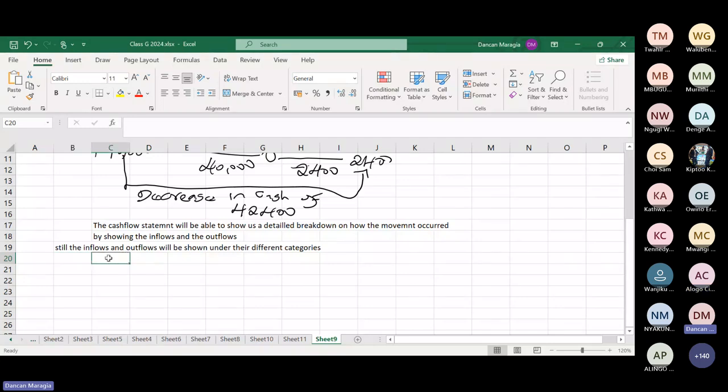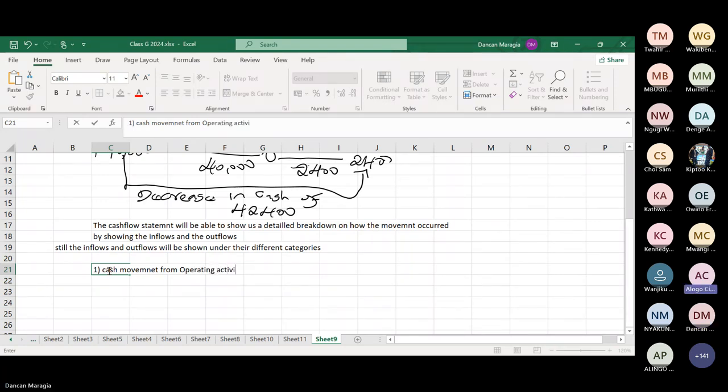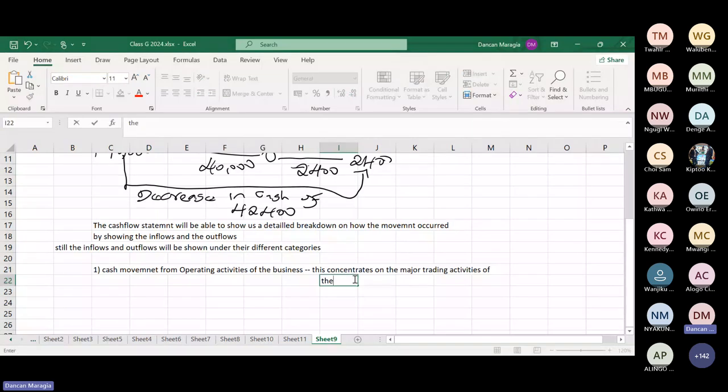These categories are majorly three. We usually say we have cash movement brought about from operating activities of the business. This one concentrates on the major trading activities of the entity.